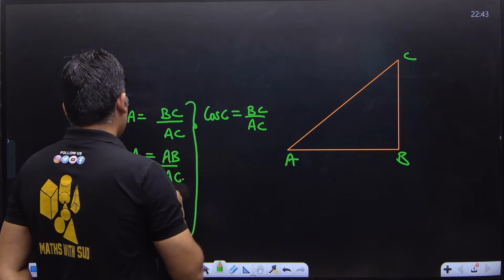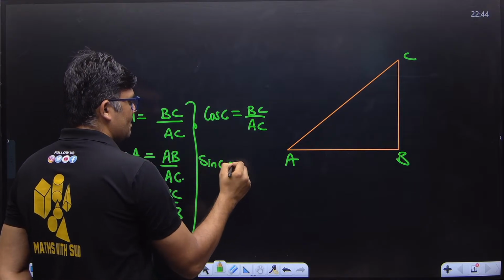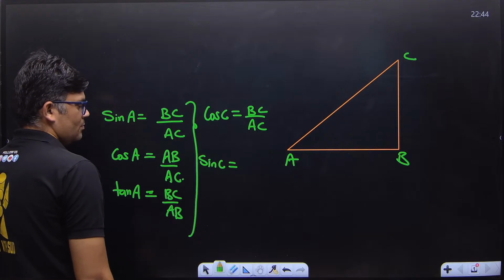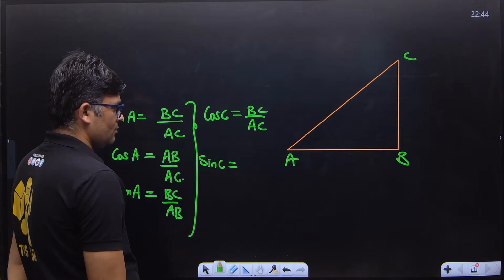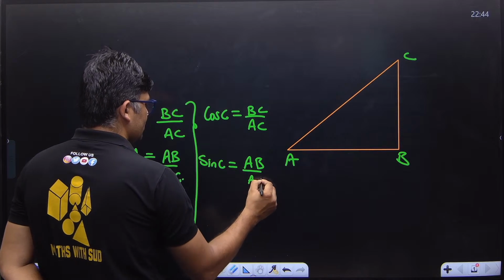Yeah. Very good. What will be sin C? Sin C would be AB over AC.